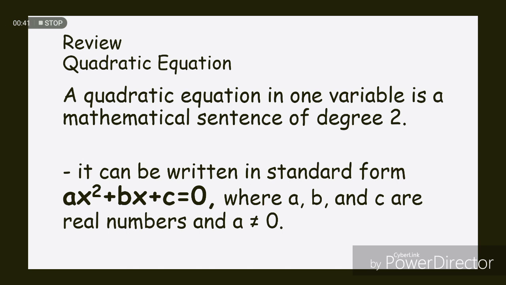A quadratic equation in one variable is a mathematical sentence of degree 2. It can be written in standard form, which is ax squared plus bx plus c equals 0, where a, b, and c are real numbers and a is not equal to 0.